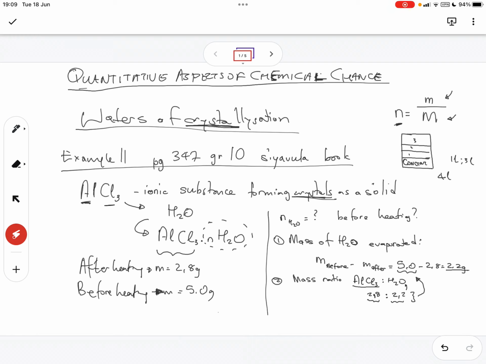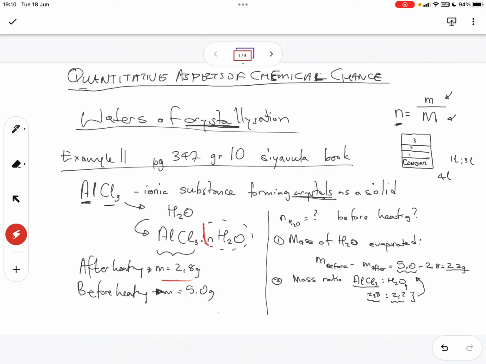We see that it has water in it from the formula for H2O, and next to it there's a number showing that a certain number of moles multiplies that water that crystallizes the salt. Before heating this compound, we had 5 grams.